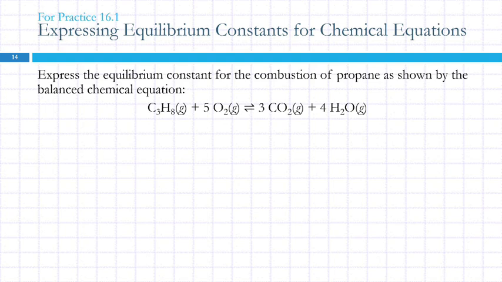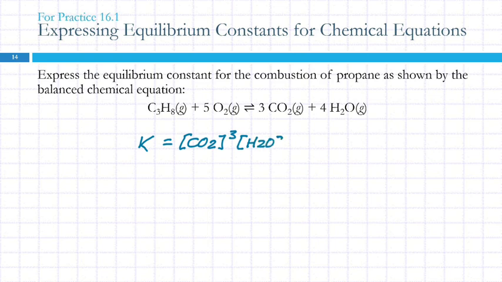Write the equilibrium constant expression for the combustion of propane. Well, all we need is that balanced chemical equation. The equilibrium constant is going to equal products over reactants. So for products, we have CO2, and that has a coefficient of 3, so it has an exponent of 3.